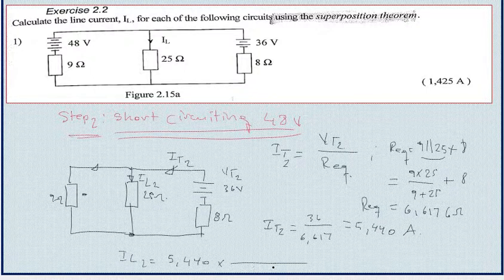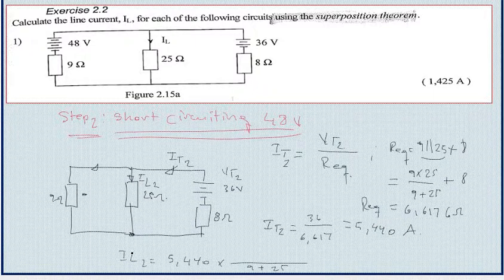So we add these two resistors at the bottom, 9 plus 25, and on top we use the resistance that is opposite to the one crossed by the current we are supposed to find.